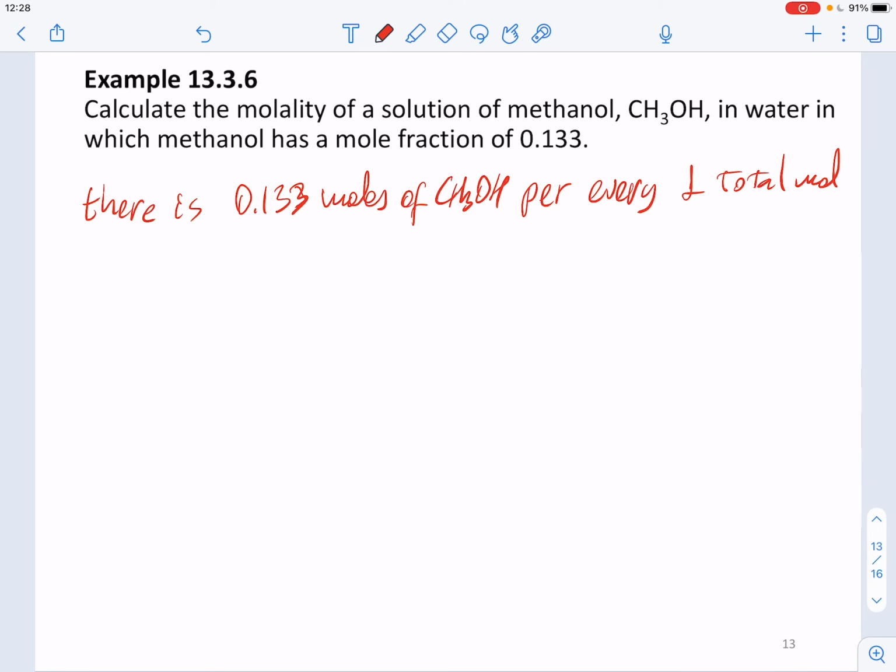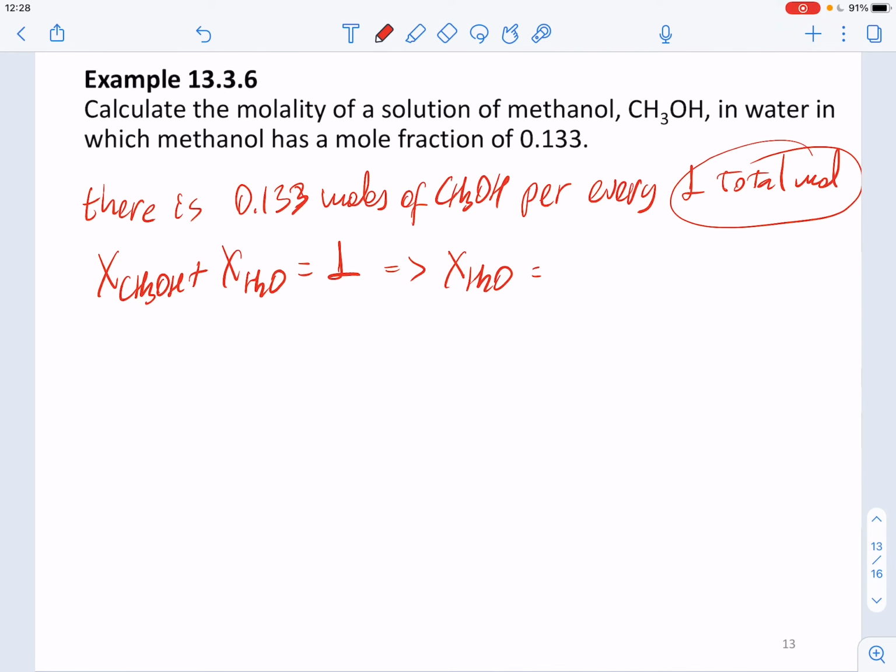So you have two components, methanol and water. Therefore, the mole fraction of methanol plus the mole fraction of water is equal to 1. Since you have one total mole, the mole fraction of water is 1 minus 0.133, and this is equal to 0.867.